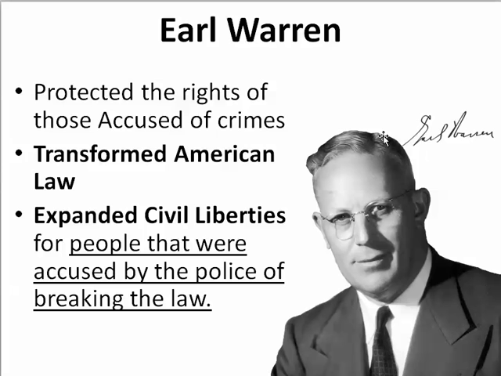He expanded civil rights for African Americans with his decision, Brown versus Board of Education, by integrating schools and saying you can't segregate them anymore. Now he's going to expand civil liberties. He's going to transform American law. We saw how he did that in Brown versus Board of Education in 1954. Now he's going to do it with civil liberties, or expand the individual rights of those people who are accused by the police of breaking the law, of violating the law.